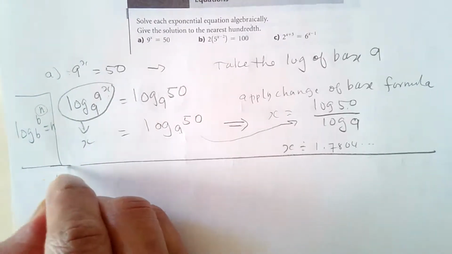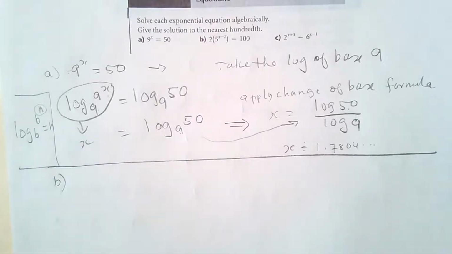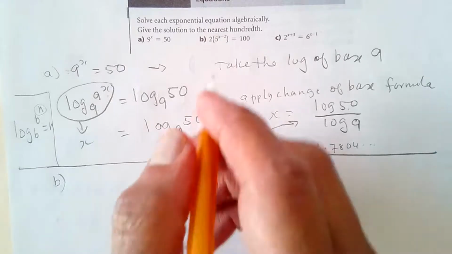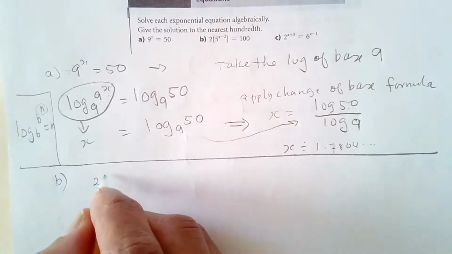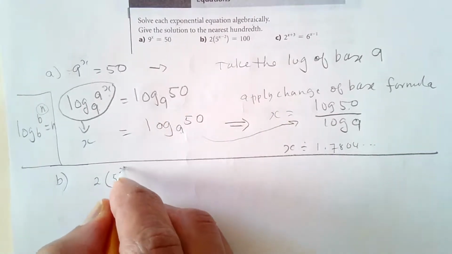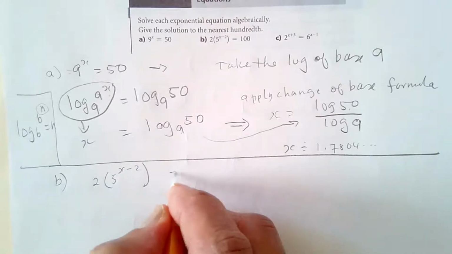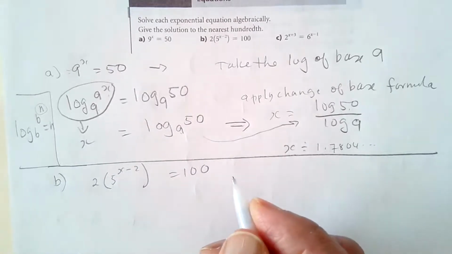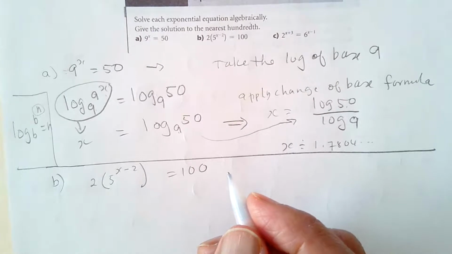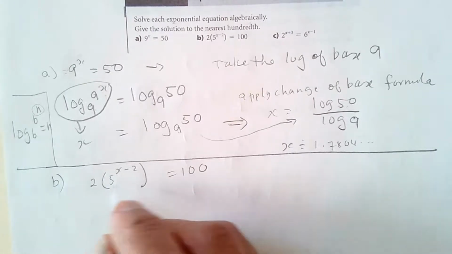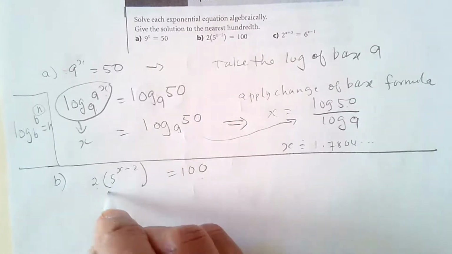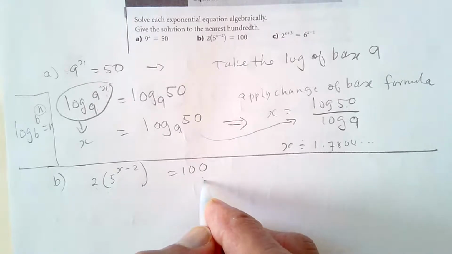Let's go on to B. In question B, we have 2(5^(x-2)) = 100. First thing you want to do is simplify by dividing both sides by 2.